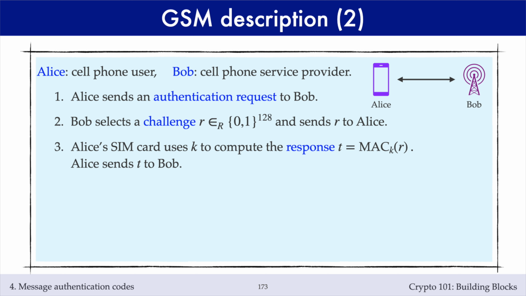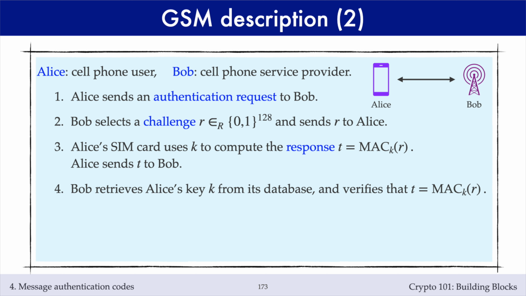Alice's SIM card, which contains her secret key K, computes the response T, which is the MAC tag of the challenge R using the key K, and sends T to Bob. Bob retrieves Alice's secret key K from its database and verifies that the tag is valid. If the tag is indeed valid, then Bob has the assurance that he is talking with Alice.